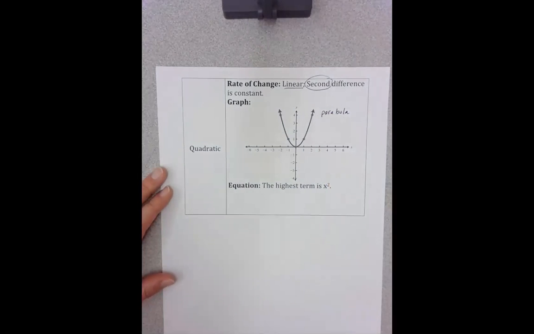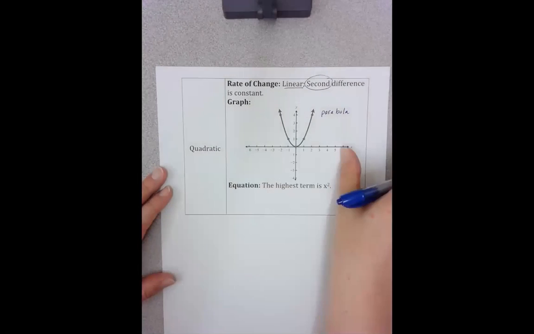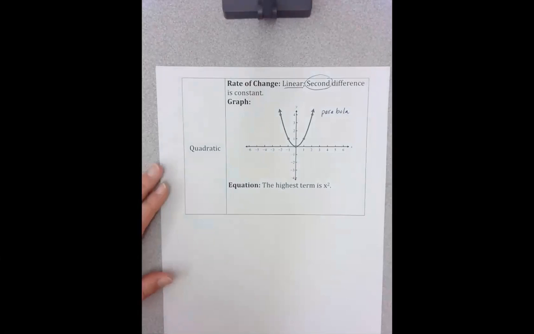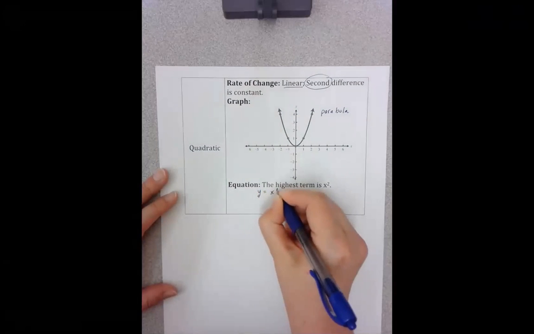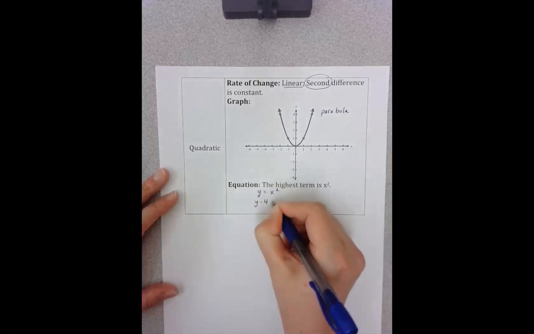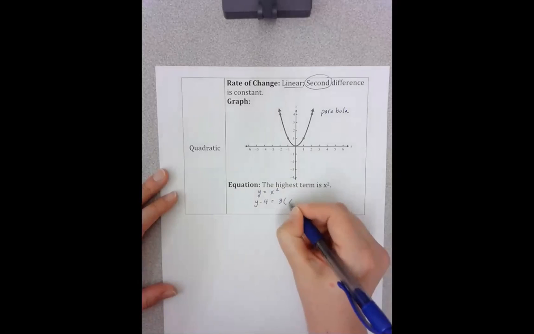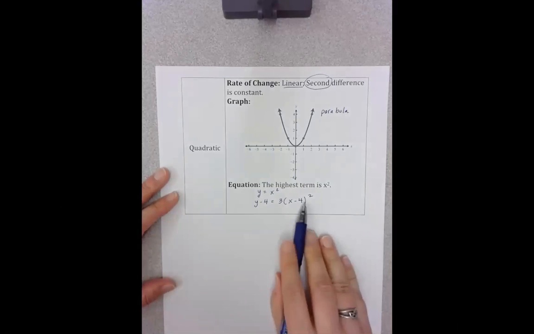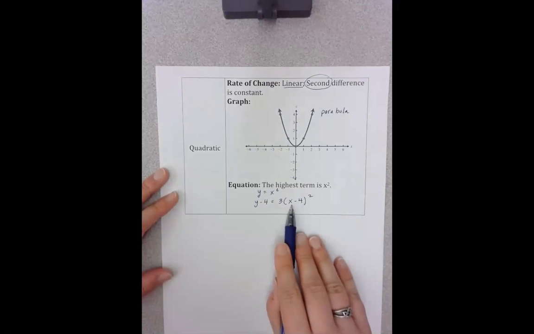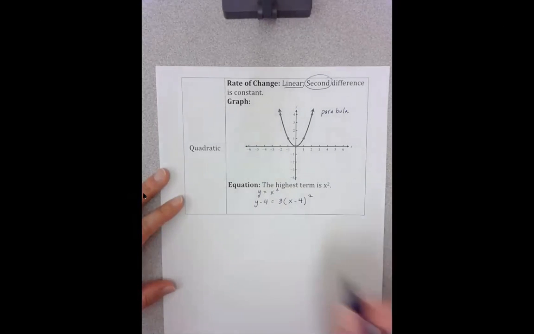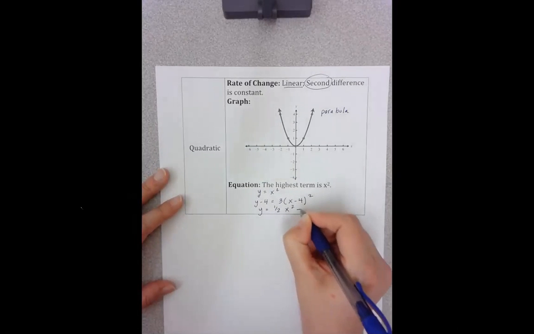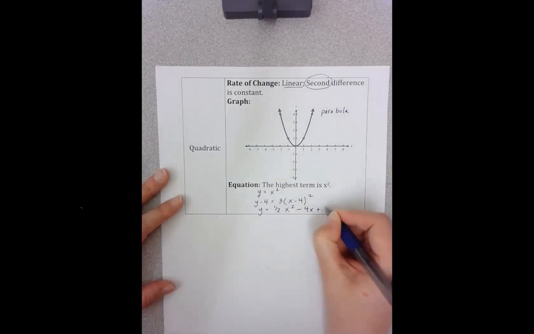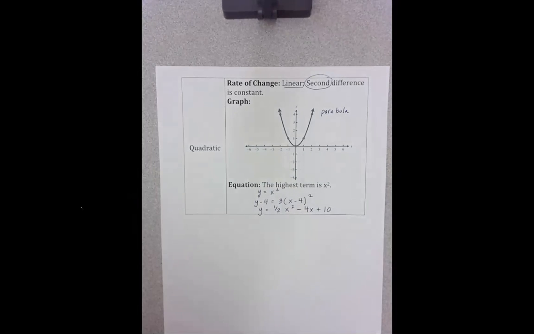And it can be a U going up, a U going down, it can be a U moved over, up, anywhere. For the equation, the highest term is an x squared. So you could have y equals x squared, or you could have y minus 4 equals 3 times x minus 4 squared. So when I multiply this out, I'm going to have an x squared, and we'll look at that further in the course of Math 2. Let's do one more example. So y equals 1/2 x squared minus 4x plus 10. All of those are quadratic, represent quadratic and parabolas.